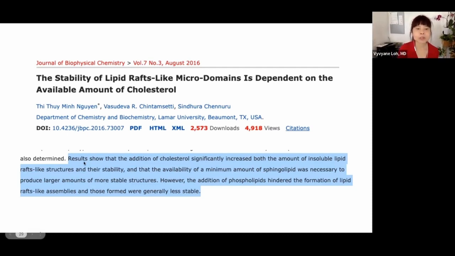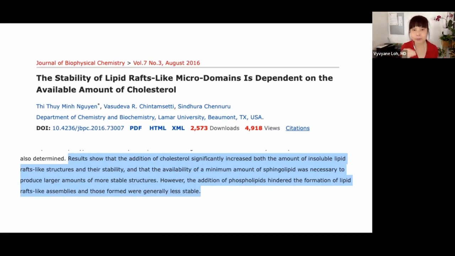And they say, results show that the addition of cholesterol significantly increased both the amount of insoluble lipid rafts-like structures and their stability. And the availability of a minimum amount of sphingolipids was necessary to produce larger amounts of more stable structures. However, the addition of phospholipids actually hindered the formation of lipid rafts-like assemblies, and those formed were generally less stable.